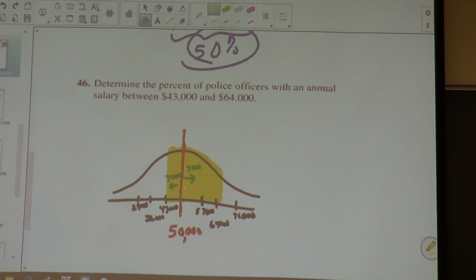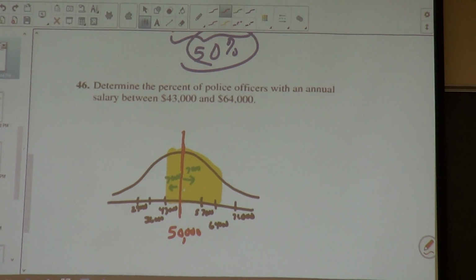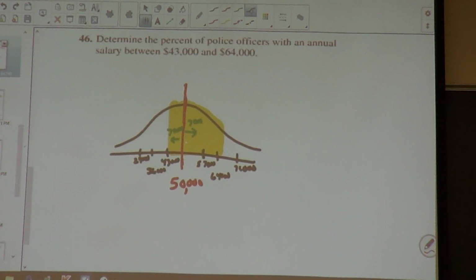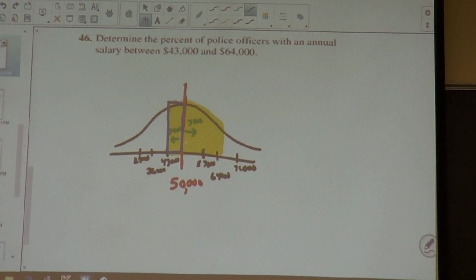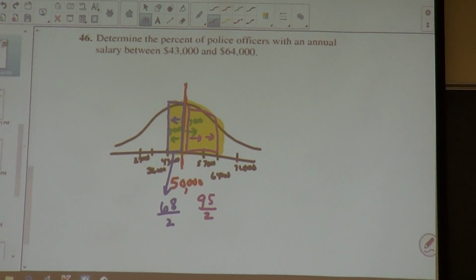So this piece is a 1 jumper, so that's going to be a 68, but I'm going to cut it in half because I'm only going to the right. This one is a 2 jumper, which because it's a 2 jumper, that's a 95, and I'm going to cut it in half because I'm only going one way.